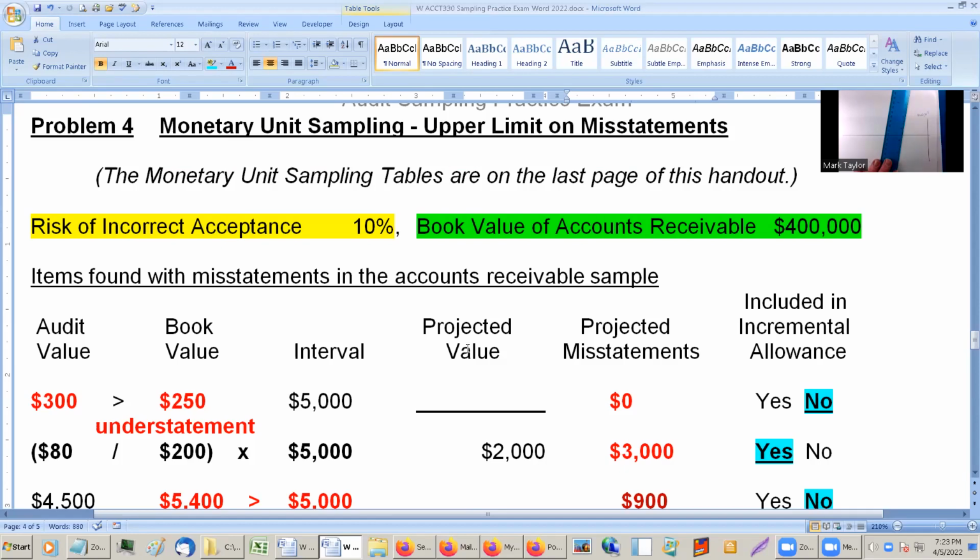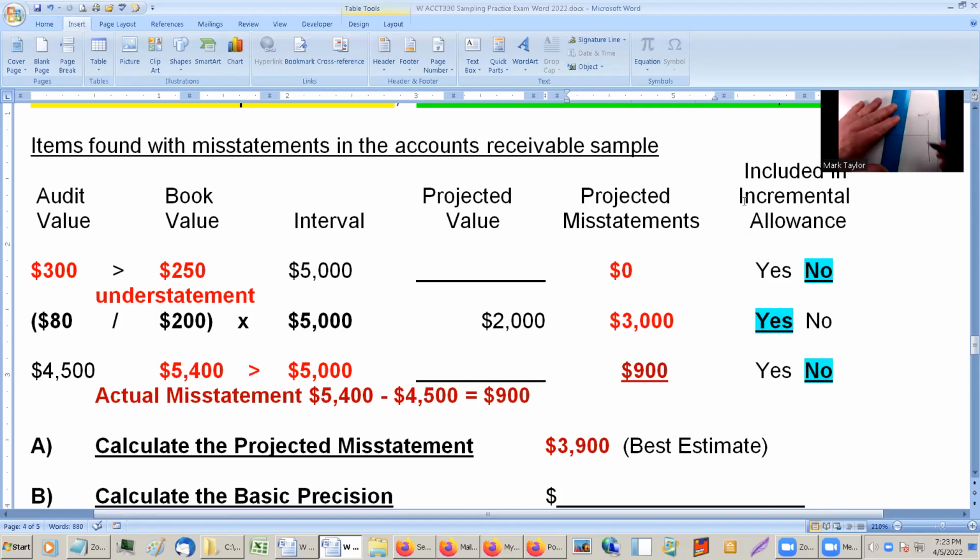Our best estimate is that this is off by 3,900. So this is our projected value. But again, this is a sample. So we're going to have two more things that we're going to add to this. We're going to add the basic precision. Then we're going to add the incremental allowance.